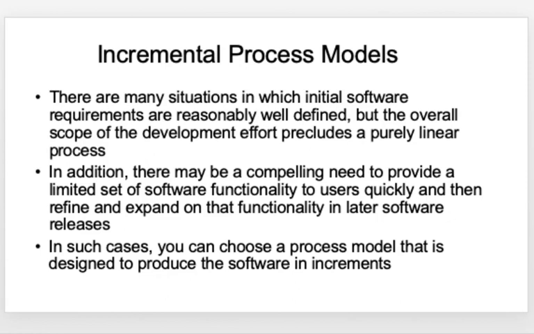Then in addition, there might be a compelling need to provide a limited set of software functionality to users quickly. Then let the users use your software. Then you can go for refining and expanding on that functionality in the later releases. In such cases, the incremental process model best suits the project.